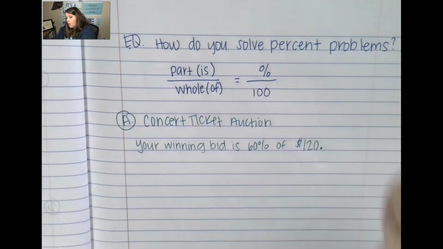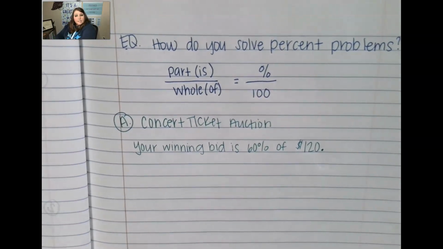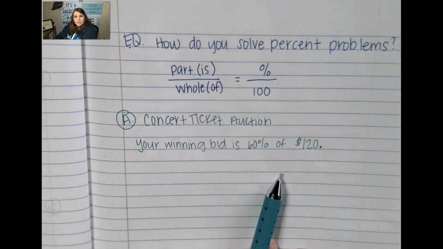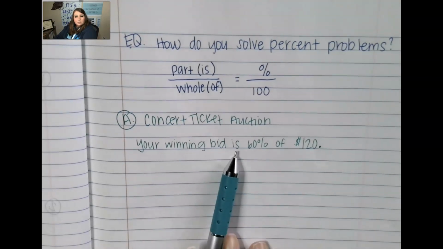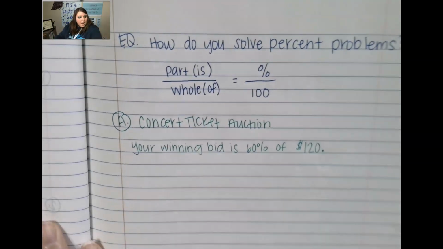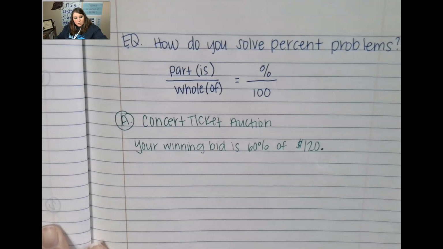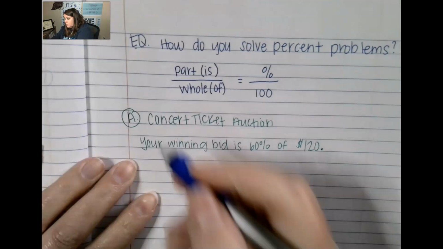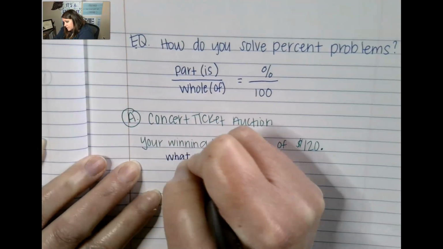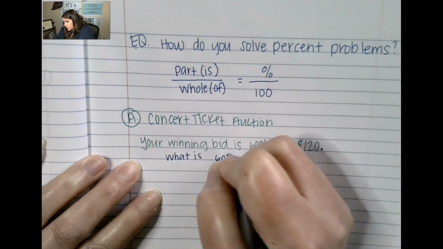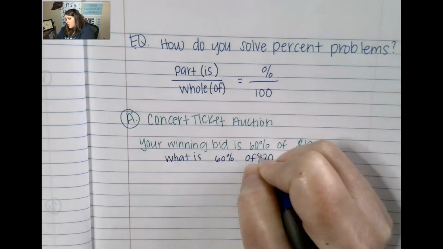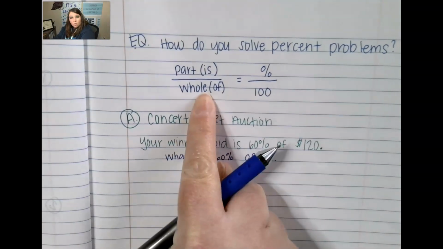All right, so our first step is to look at this problem and box up what we can. Your winning bid is 60% of 120. So we're asking ourselves this question, what is 60% of 120? You can just change these words right here. So $120 is your whole, this is your total.